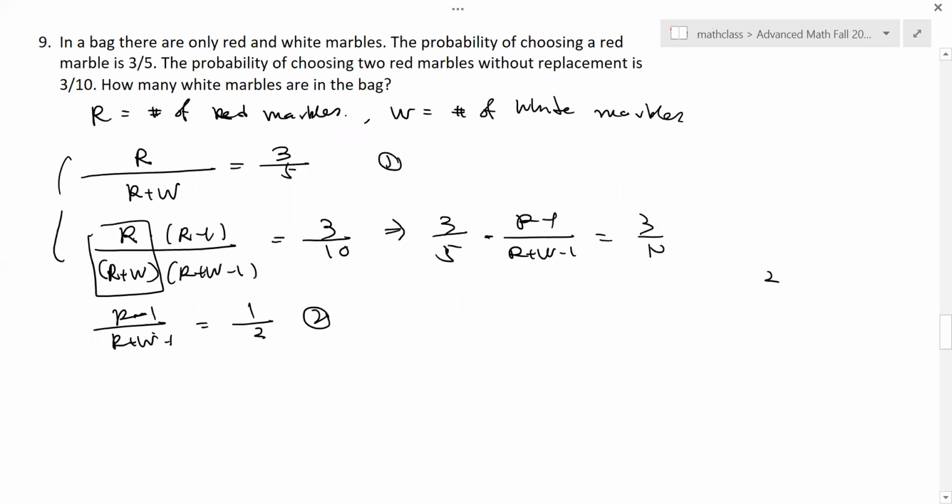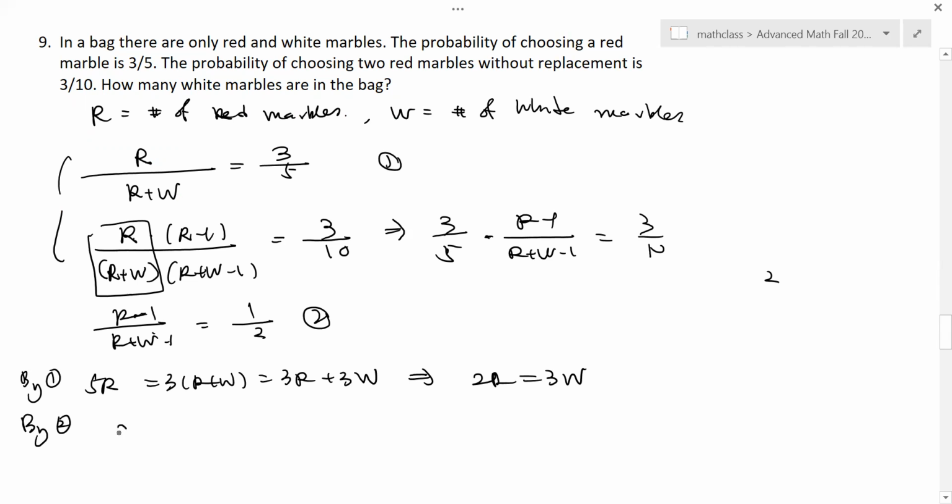Okay, so the first equation, let's take the cross product. 5R equals 3 times R plus W, which is 3R plus 3W. That implies 2R equals 3W. So that's the relationship. And the equation 2, I will get 2R minus 1 equals R plus W minus 1.